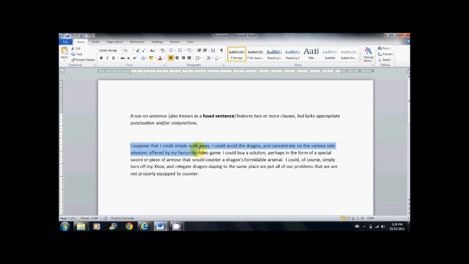But if we go back to that idea of the test, that these ideas, if we separate them by a period, should be able to stand on their own as complete sentences, we can see that there's a problem here. If I put a period here, "I suppose." Period. It works, it's got a subject and a verb. It's certainly out of context here, but it meets the requirement of a full sentence. If we take a look at the second bit, "that I could simply walk away," even though I have a subject and a verb here, this isn't a complete idea.